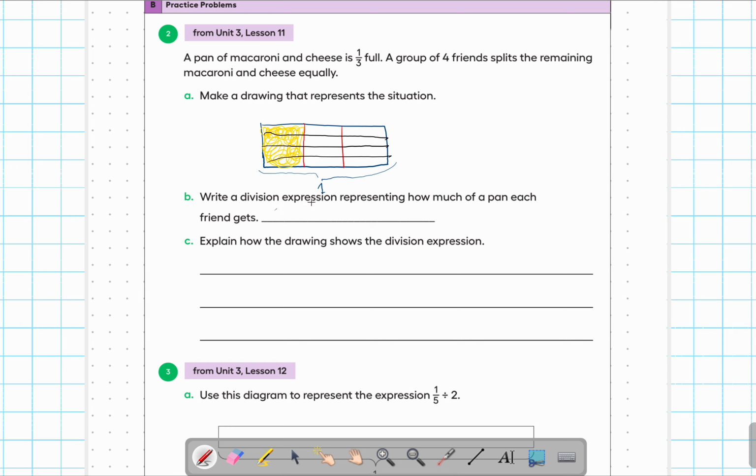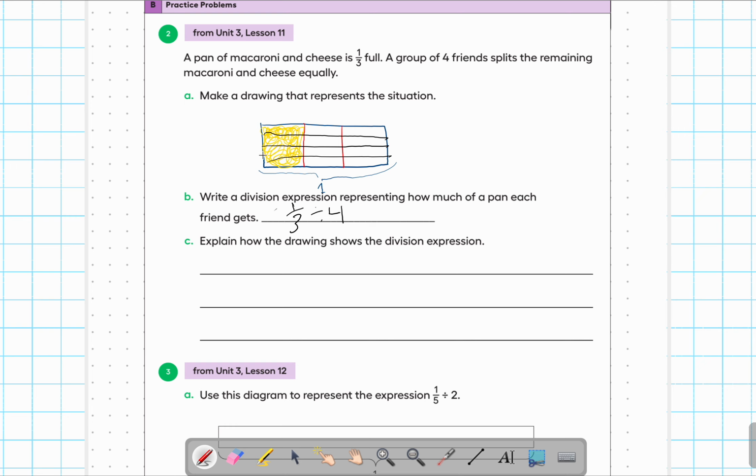So now let's write a division expression representing how much of a pan each friend gets. Okay, so that means that each friend is gonna get a third divided by 4. So that's what I did.